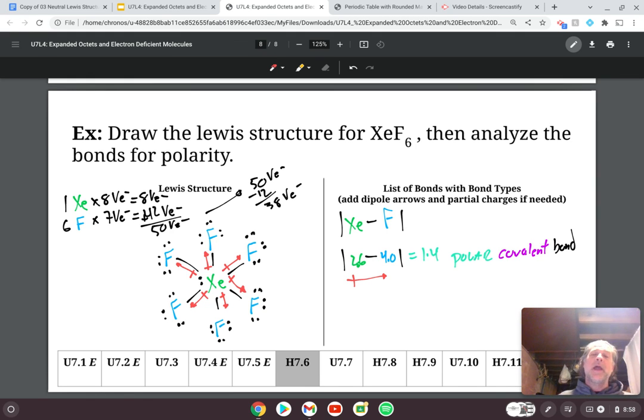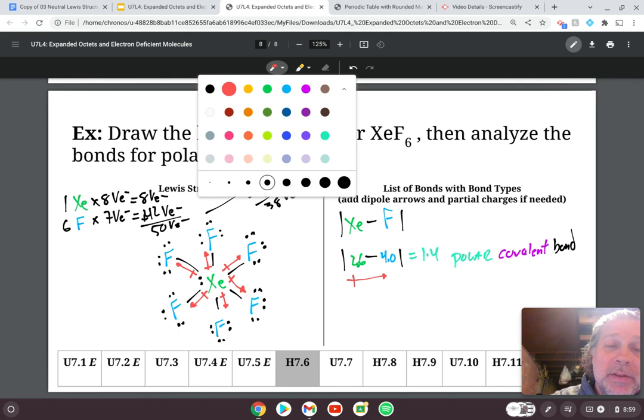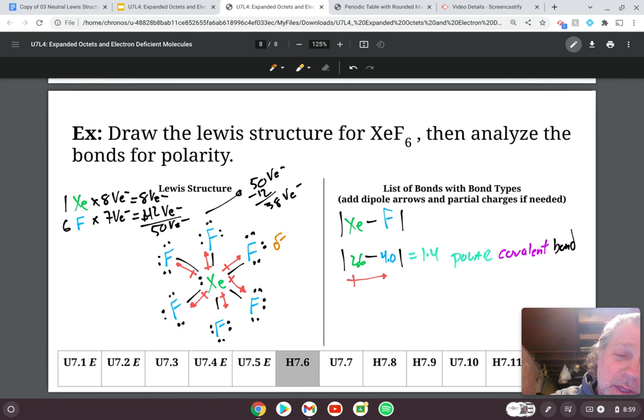Okay. And then we have to draw our partial charges. For the more electronegative element, the negative side is where we get the delta negative. So that means that all of the fluorines are going to have delta negative. And the xenon is going to be super delta positive. So I'm going to put that right there.